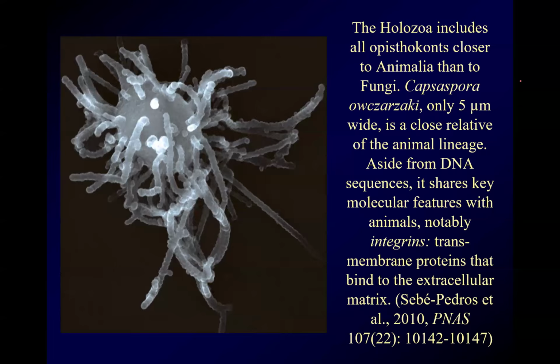That makes up what we call the extracellular matrix, this meshwork of proteins that our cells are held to. And in animals, integrins bind to the extracellular matrix, so they help hold an animal body together.